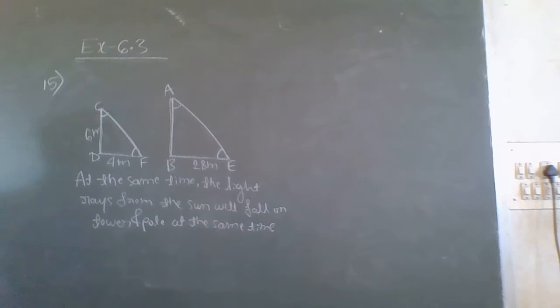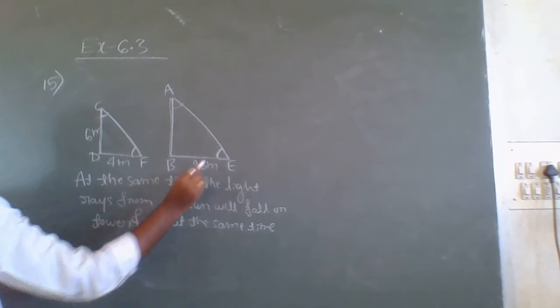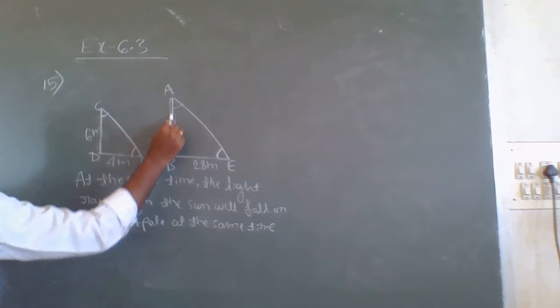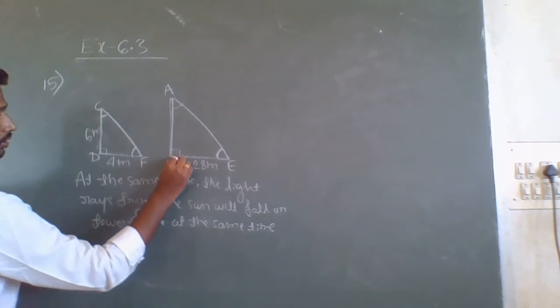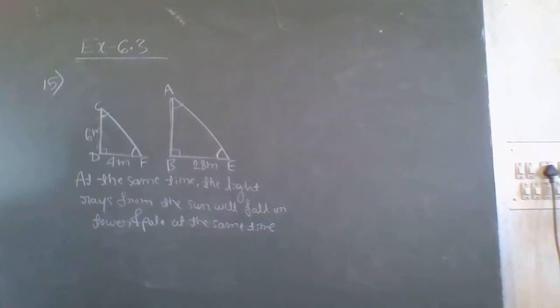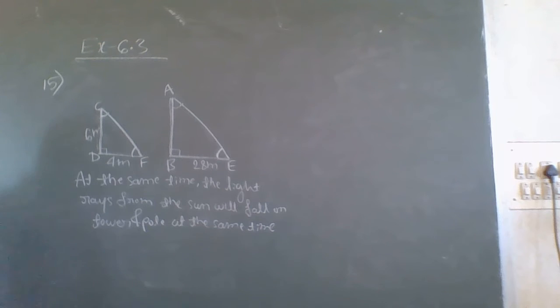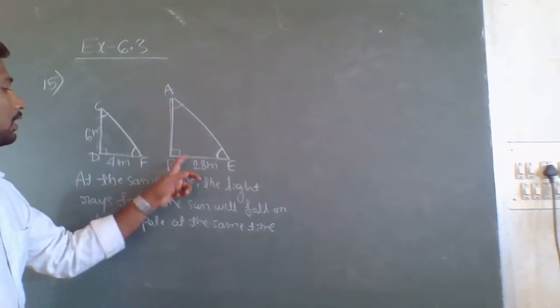And here, this pole and tower is vertical, means 90 degree, because this pole and tower both are vertical to ground. Therefore, we can consider these two angles as 90 degree.